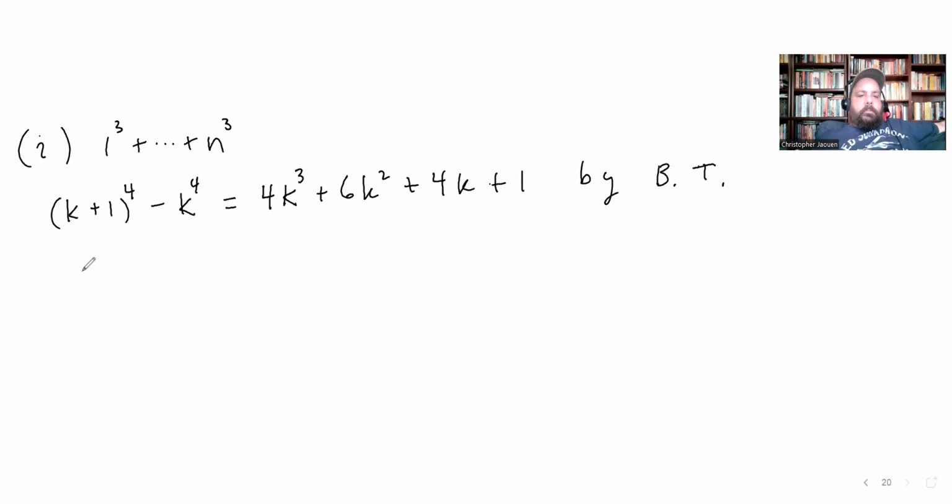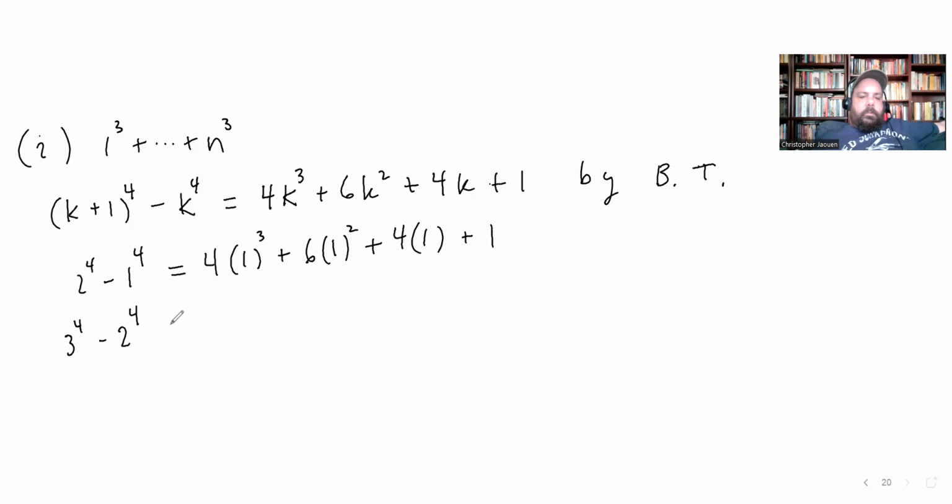For example, 2 to the fourth minus 1 to the fourth is 4 times 1 cubed plus 6 times 1 squared plus 4 times 1 plus 1. 3 to the 4 minus 2 to the 4 is 4 times 2 cubed, 6 times 2 squared, 4 times 2 plus 1.